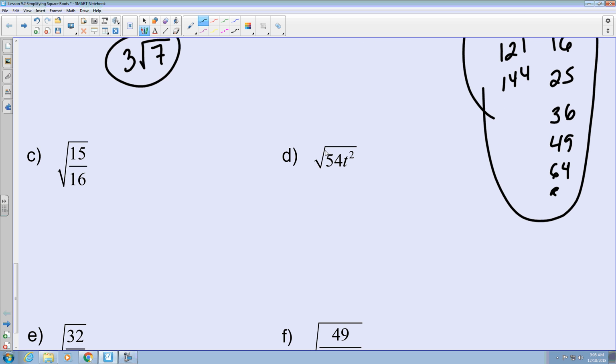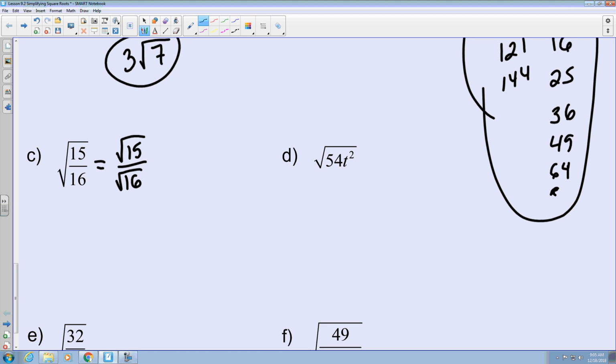If we look at C here, we have the square root of 15 over 16. For that scenario, we have the quotient property of square roots, which means I can rewrite this as two separate square roots in the individual numerator and denominator. I can write this as the square root of 15 divided by the square root of 16.